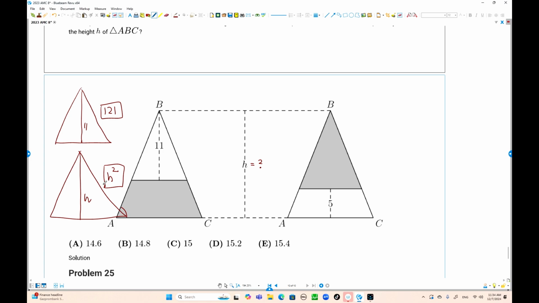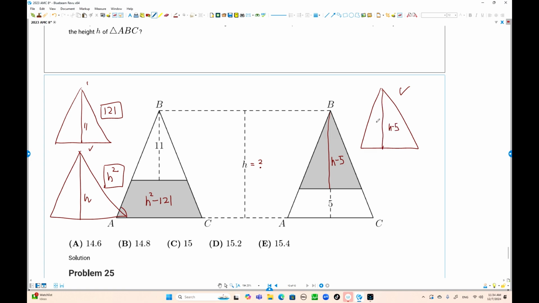I'm going to express this area. Altogether it is h squared minus 121. This side is h squared minus 121, right? That's the area ratio. What about this side? This side is h minus 5, right? Another triangle. This triangle, this triangle, this triangle, they are all similar, right? This height is h minus 5.